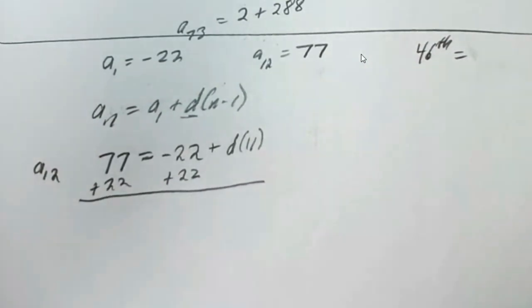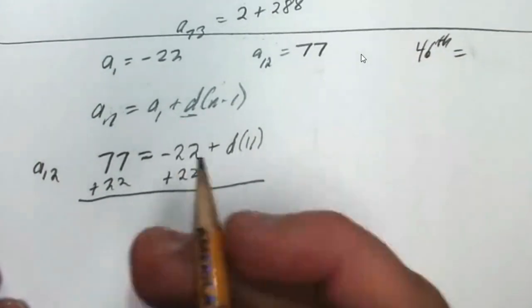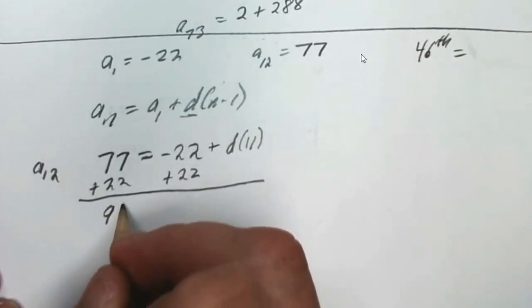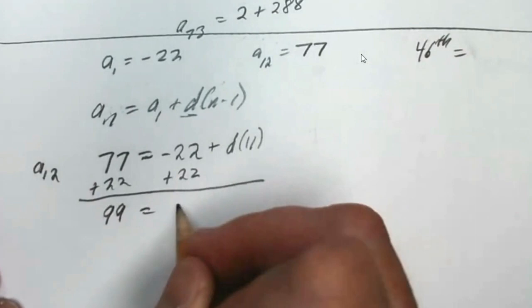I know there's some problems this week that they give you this exact same scenario. So having stuff like this in your notes will make that so much easier. 99 equals 11D.